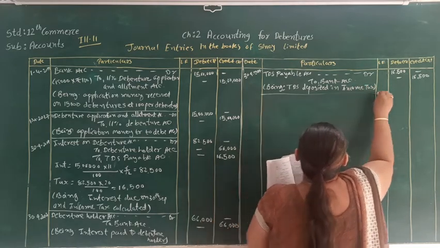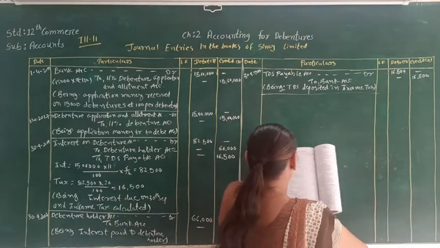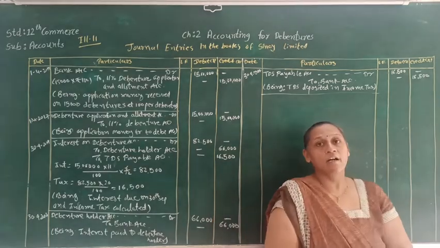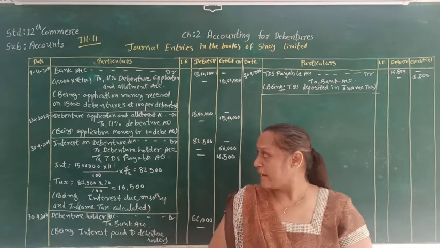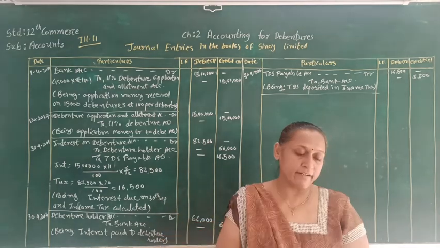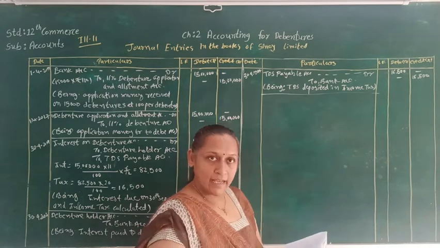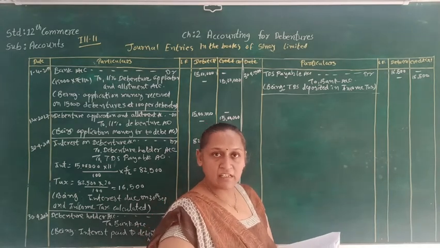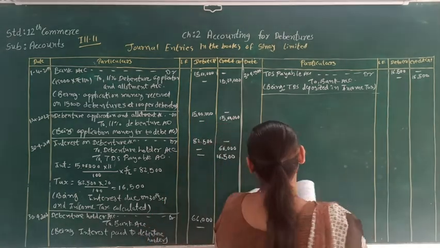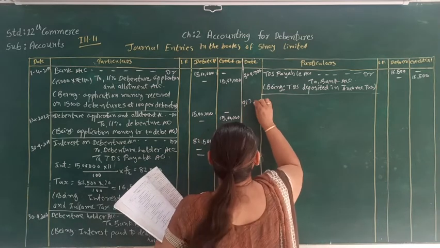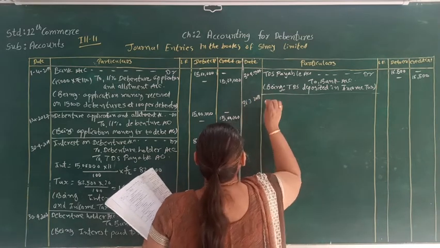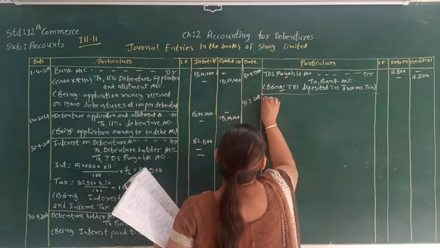After that, the company again has to pay interest on 31st March, and for that the same three journal entries are supposed to be passed at the time of the next interest payment. So let's pass that journal entry on 31st March 2018. Here the year is going to change.